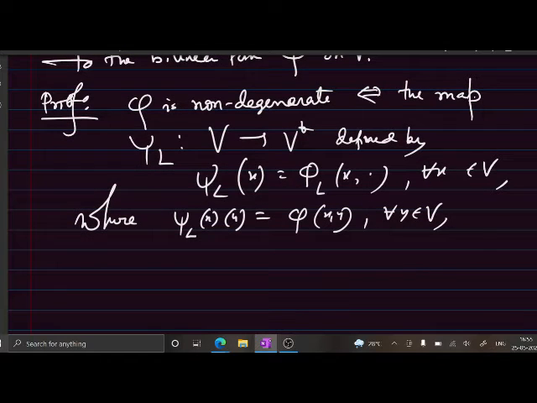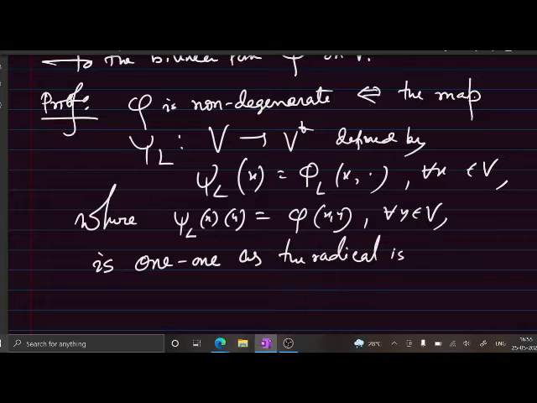for all y belongs to V. So this map psi L is going to be 1-1, because the radical is singleton theta, right?